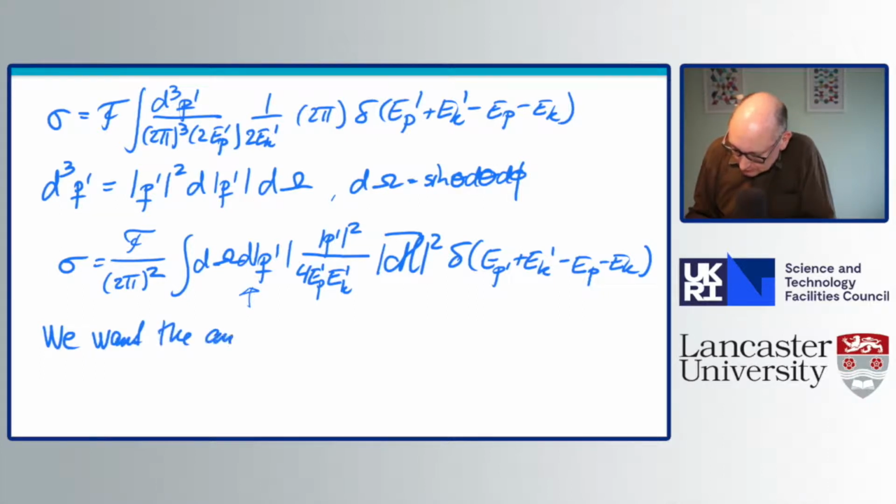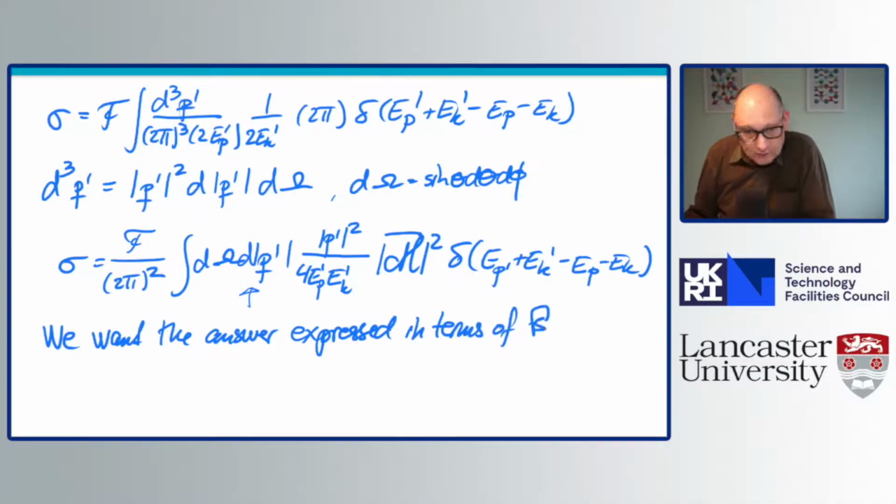The answer expressed in terms of square root s, which in the frame we've chosen is of course equal to E_P plus E_K, or E_P' plus E_K'. I've written the primes differently there, but it's the energy of the outgoing momentum.